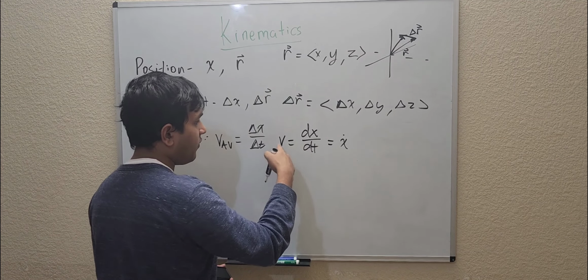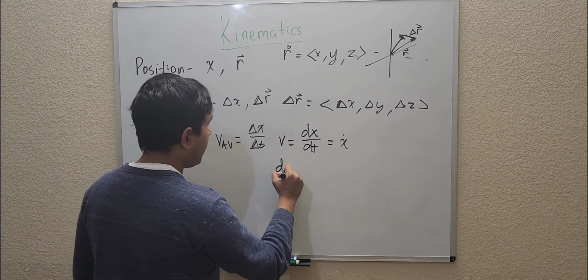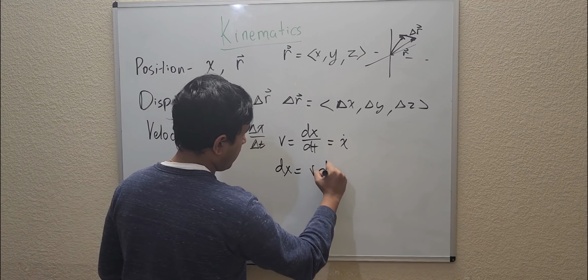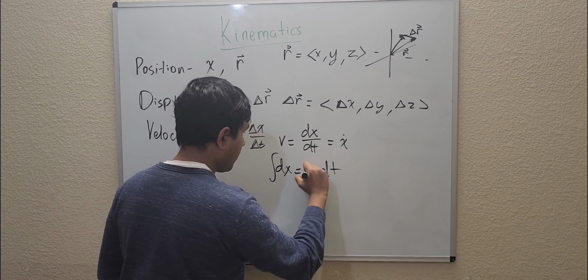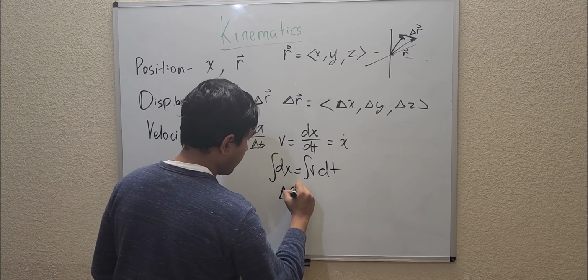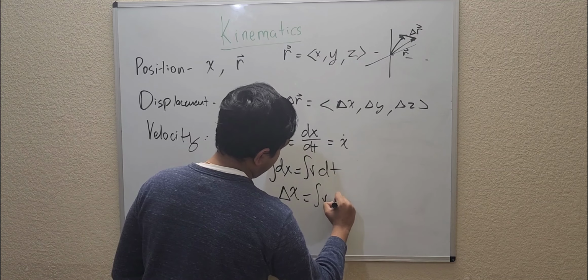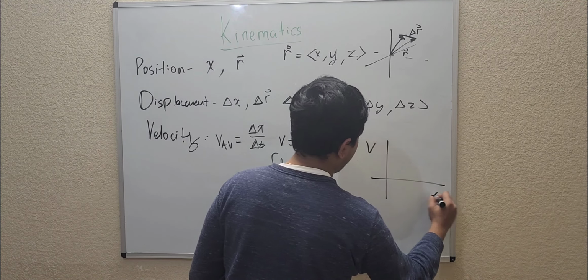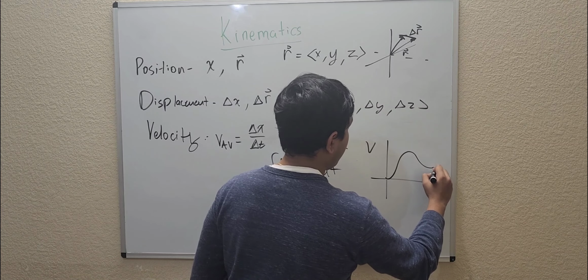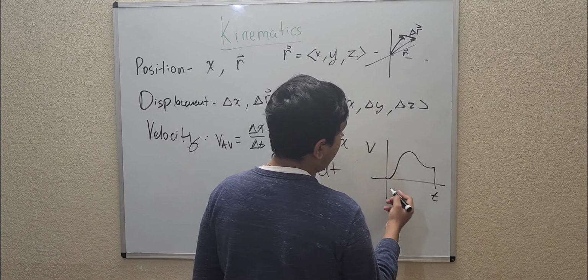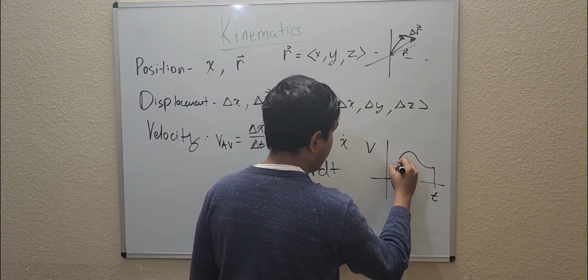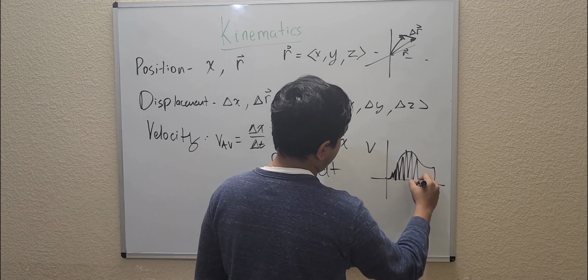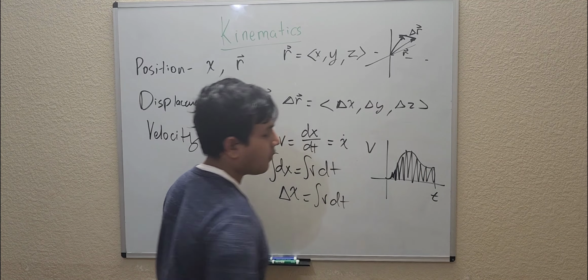And what else does this mean? If v equals dx by dt, then dx equals v dt. Integrating, we get delta x is equal to the integral of v dt. So on a velocity versus time graph, the displacement between any two time points can be found by finding the area under the graph.